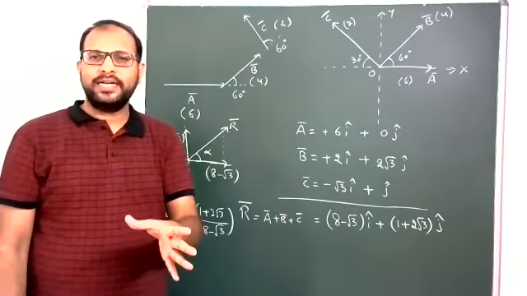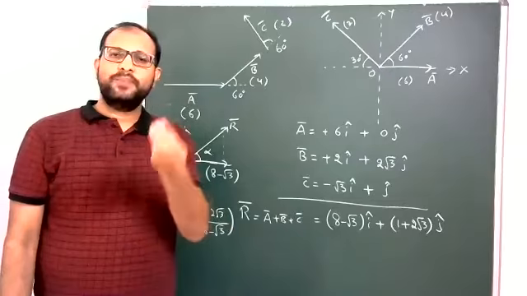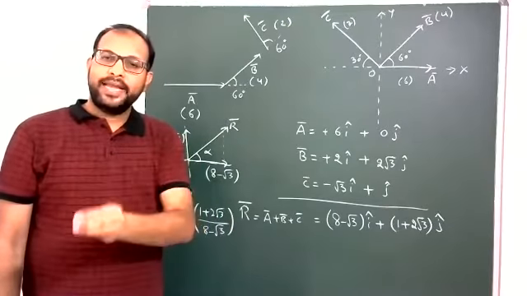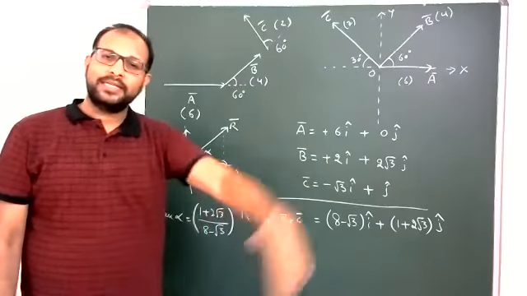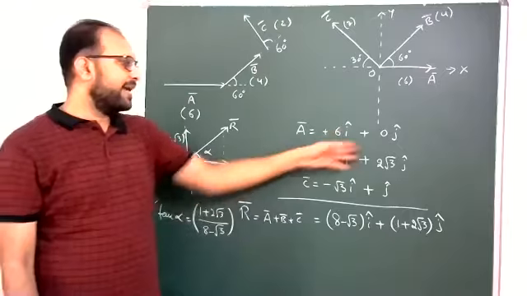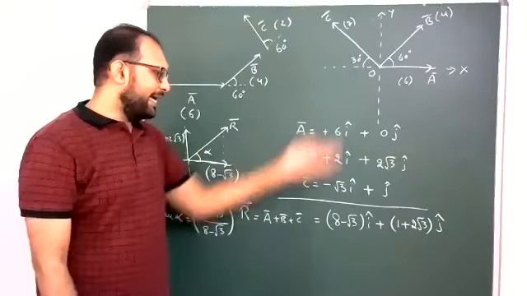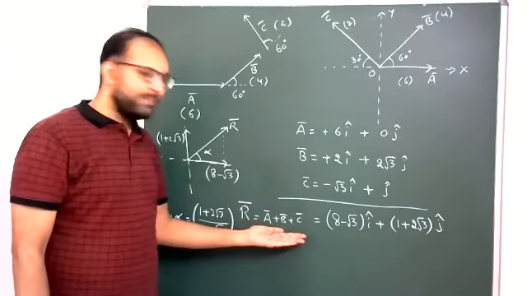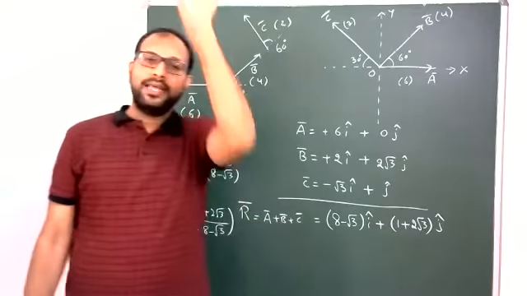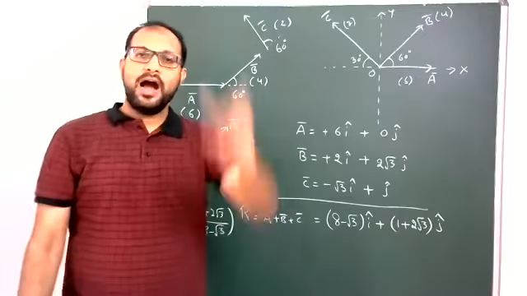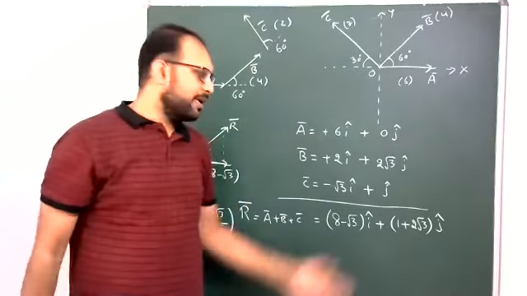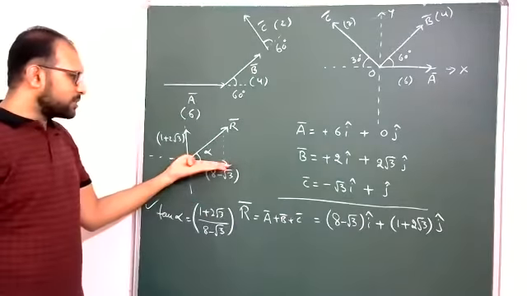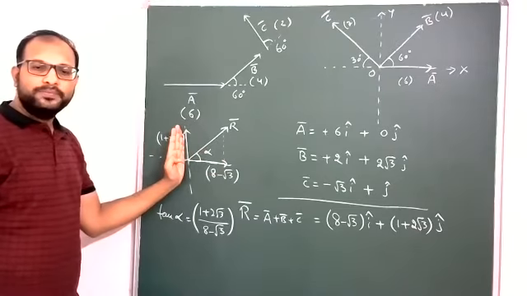Suppose first quadrant: positive x, positive y. Second: negative x, positive y. Like that, according to the quadrant, the plus or minus is decided. Later, simple addition: a bar plus b bar plus c bar. All x components by general addition, all y components by general addition. Finally, you get the x component and the y component.